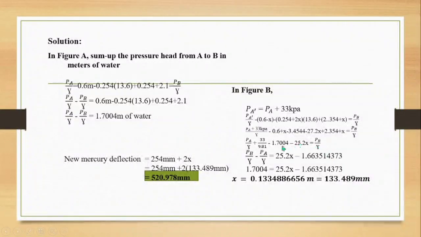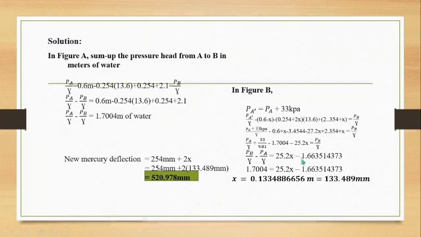So our 1.7004 is our meters of water, minus 25.2x. So we get 1.663514373, which we calculated from 33 kPa over 9.81 minus 1.7004.